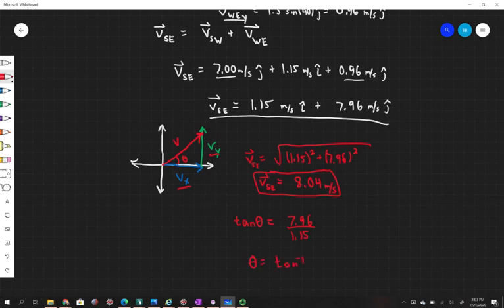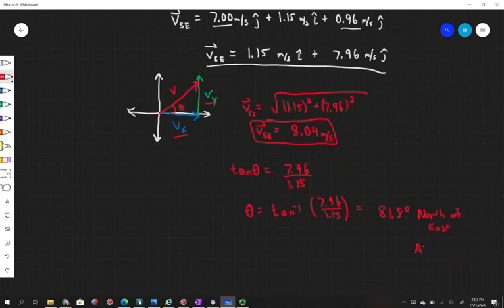So the arctangent of 7.96 divided by 1.15 will give me my theta. That theta is equal to 81.8 degrees. So that's going to be 81.8 degrees north of east. Or we could also write this as above the x-axis. Either one of those will work for me just fine. So this is combining relative motion in two dimensions.